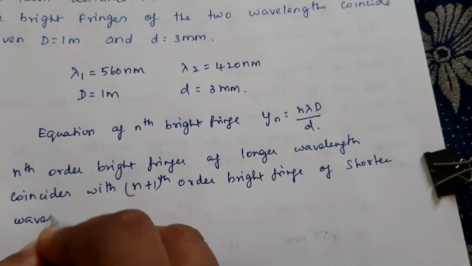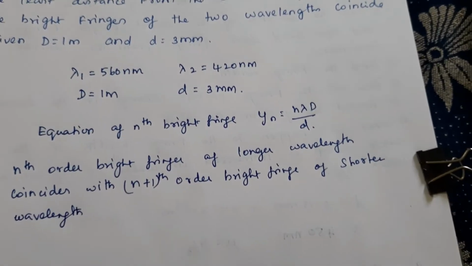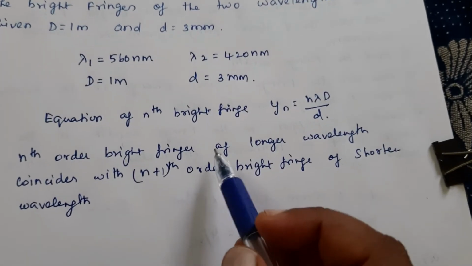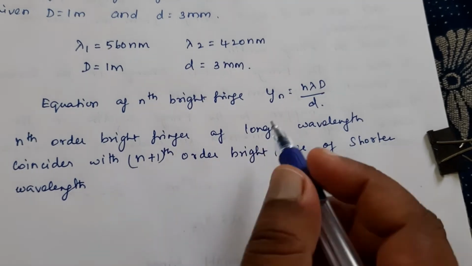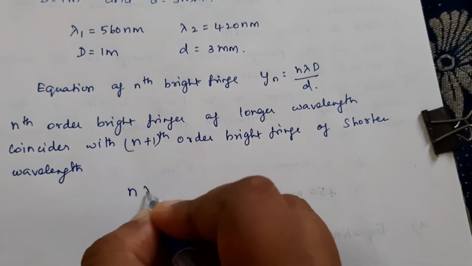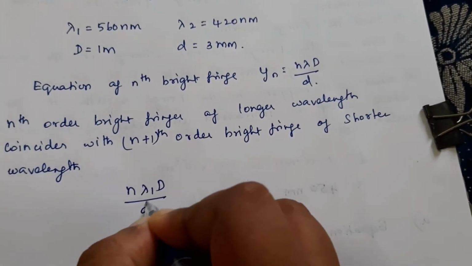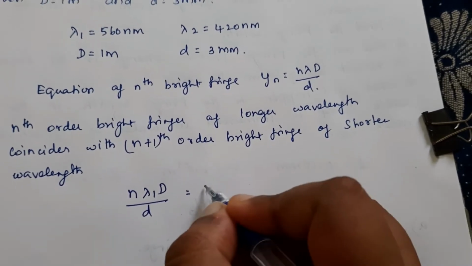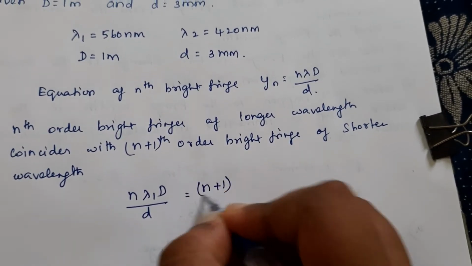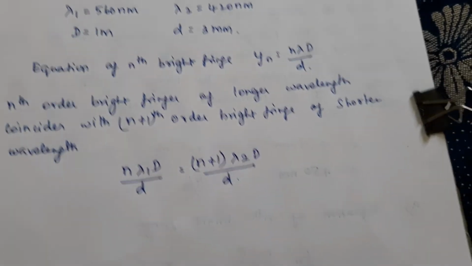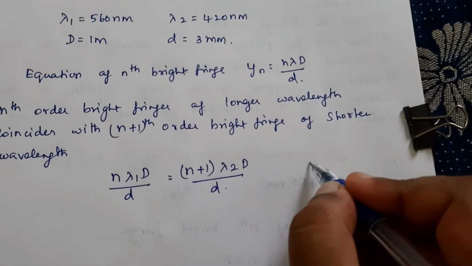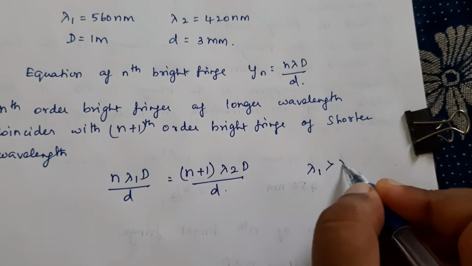So here the nth order is coinciding with n plus 1. For nth order we can write n lambda 1 D by d, which is equal to n plus 1 lambda 2 D by d. Both are coinciding. Here lambda 1 is greater than lambda 2.